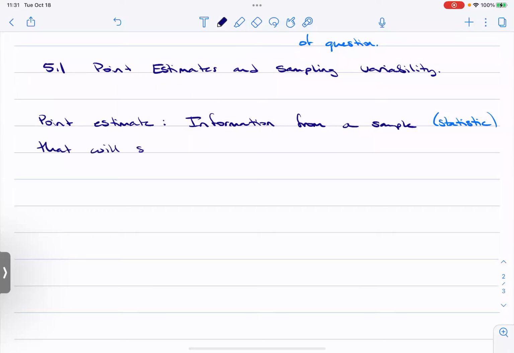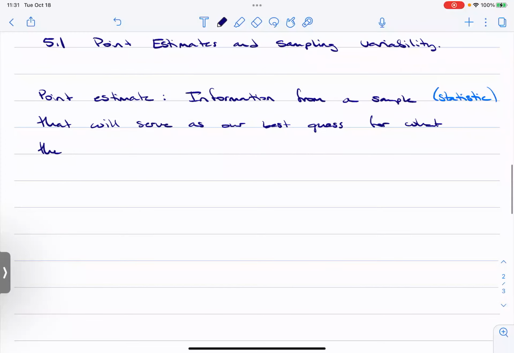That will serve as our best guess for what the corresponding population information looks like, or is.